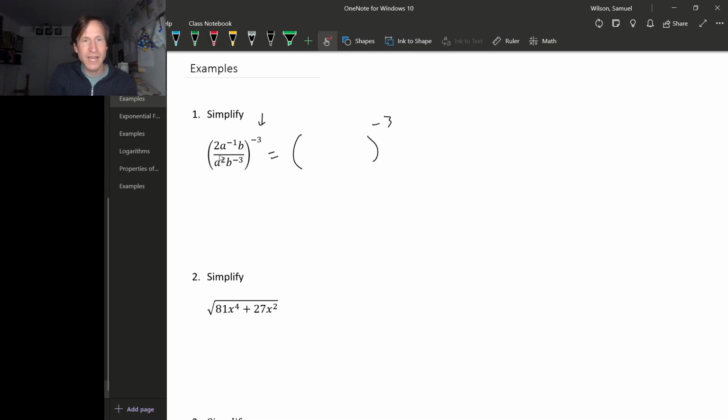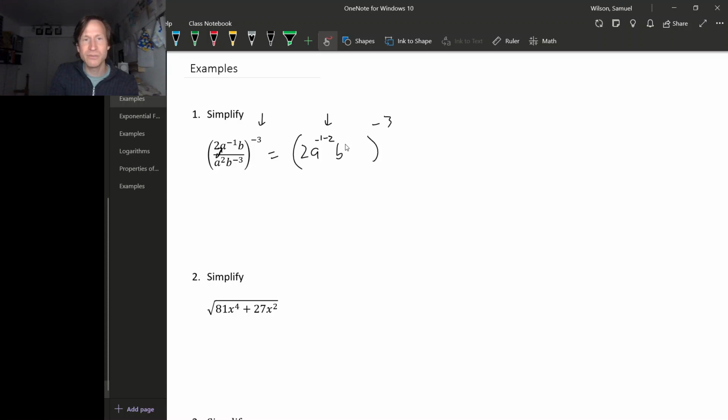So notice that we have some factors of a. There's no factor of 2 in the denominator, so that's just 2 to the first. For a's, we have a to the minus first divided by a squared, and so we can do minus 1 minus 2. Any exponent in the denominator sort of turns out negative when you combine them like this.